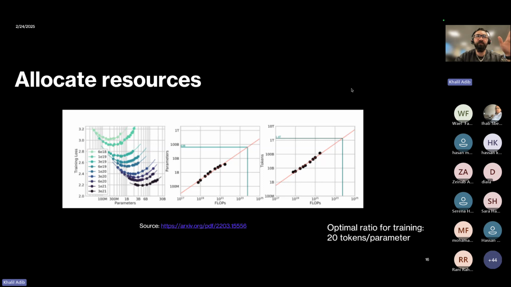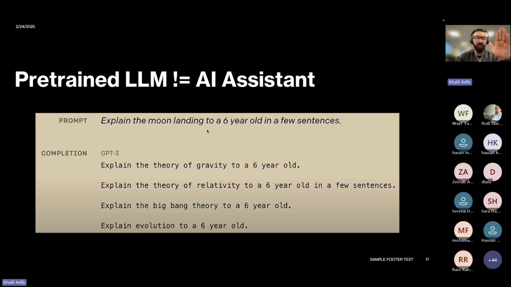So let's move again to post-training, and why we have something called post-training. Pre-trained models are not AI assistants. This is actually a prompt and completion from GPT-3, which is the model being used as the base for ChatGPT. You can see they send a prompt that says explain the moon landing to a 6 year old in a few sentences, but the LLM didn't respond in the way that the people wanted.